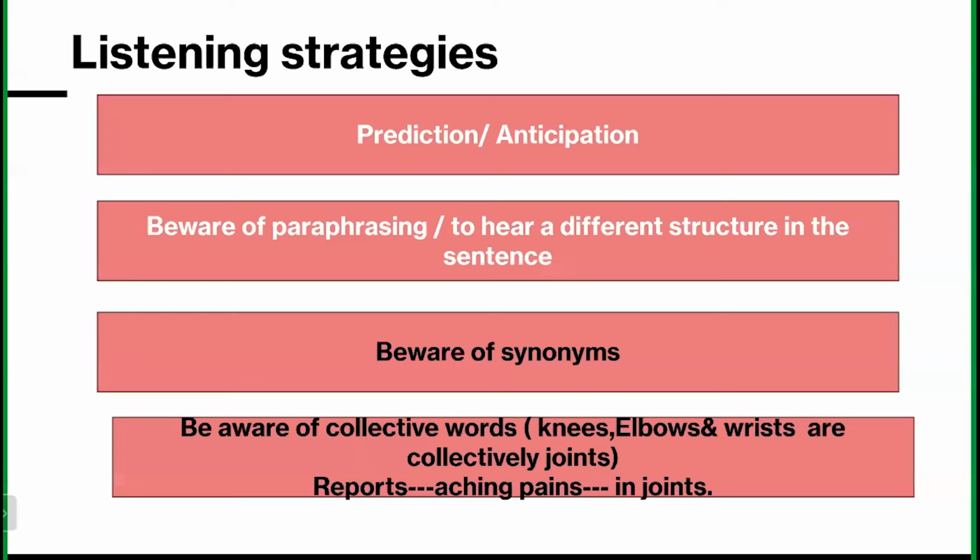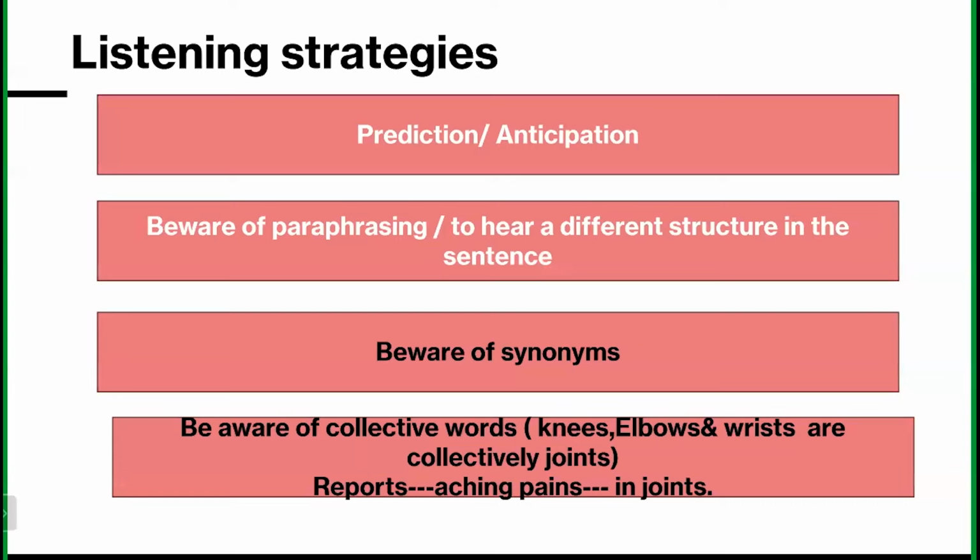And then be aware of collective words. What does collective words mean? A collective word is a noun. For example, knees, elbows, wrist are collectively known as joints. If you are asked what all the joints in your body are, you can state knees, elbows, wrist. For example, in your audio, the person speaking to you will say, I am having aching pains in my knees, elbows, wrist.